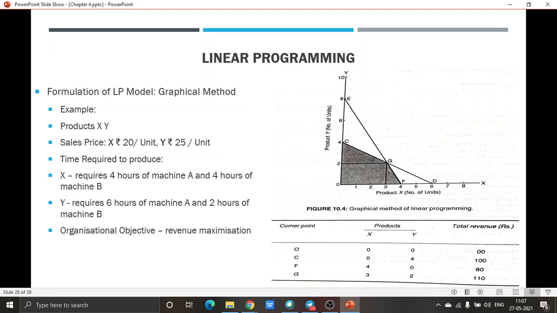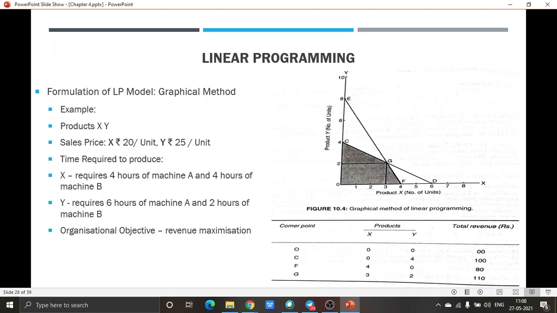Now, this linear programming can be solved in two ways, either by the graphical method or what we call the simplex method. When we speak of the graphical method, it involves the graphical methods that we normally use in economics, which usually bear a close resemblance to indifference curve analysis.